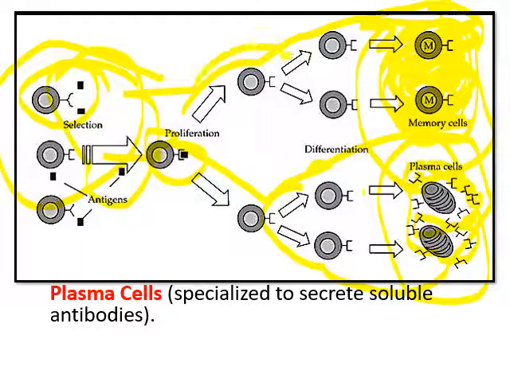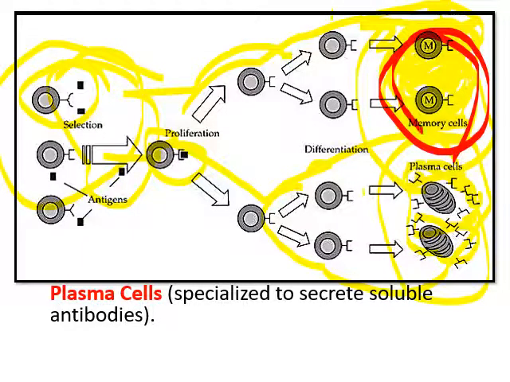But at the end of all of that, it leaves behind all of these memory cells that are ready for it next time. And so you've trained your immune system to destroy that bacteria the next time it sees it. And the next time you see it, it'll be alive.